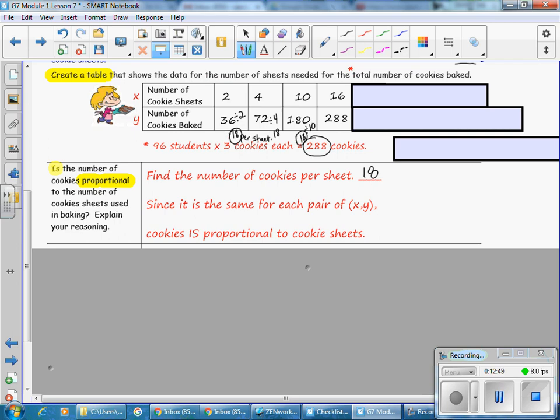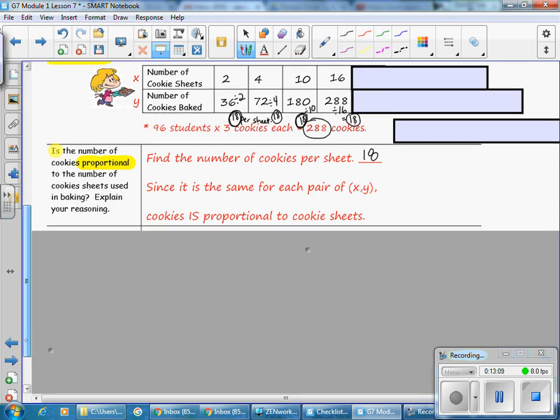And 288 divided by 16 is 18. And since I got 18 cookies per sheet for all of the pairs, then this is a proportional relationship. Because it doesn't matter how many cookie sheets you have, it will always have 18 cookies on it.